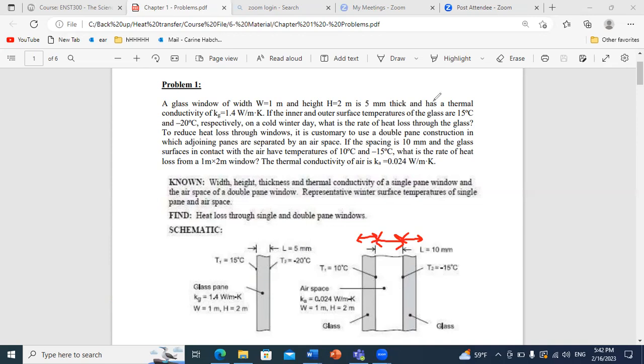You know that if you increase the thickness a lot, what can happen? It can be bad because you'll have convection currents. Yes, very good.